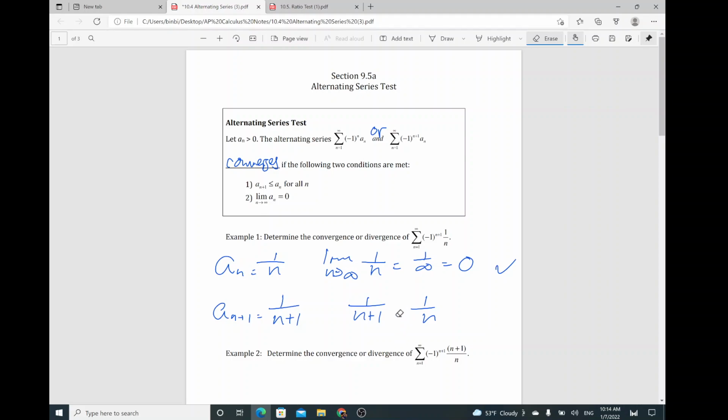So basically this one satisfies all those conditions. Once we satisfy both conditions, you can say that the series negative 1 to the power of n plus 1 times 1 over n converges.